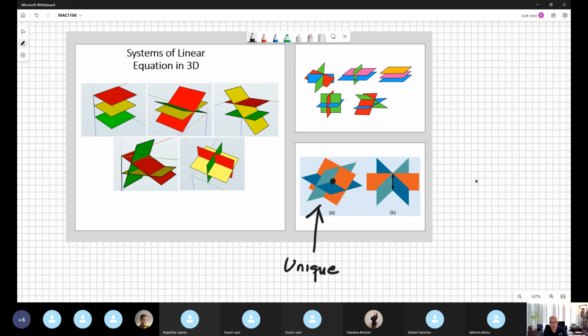However, in this scenario, we have a solution, yes, because they have commons, but not only one. We have infinitely many solutions here on this line.